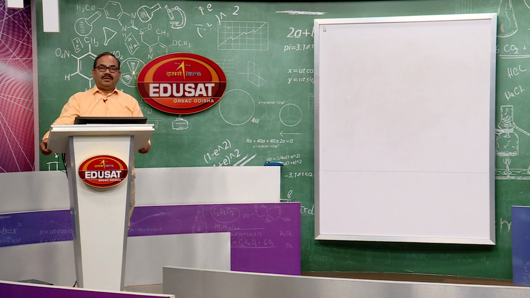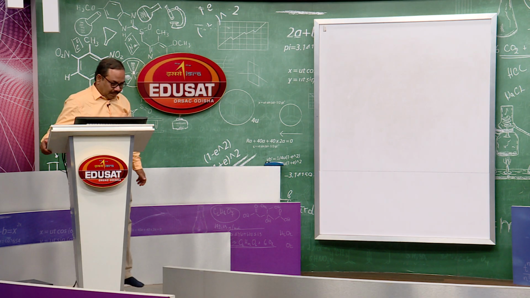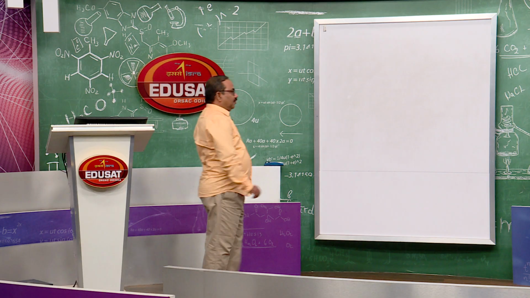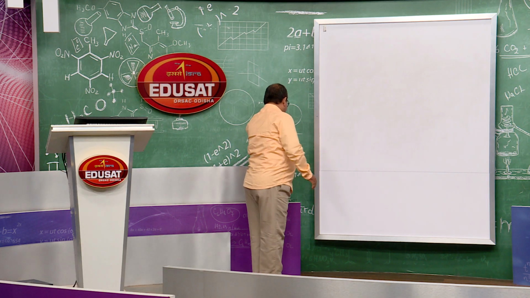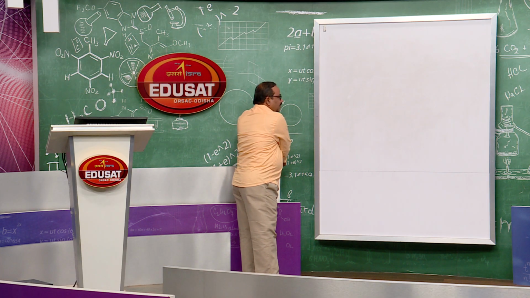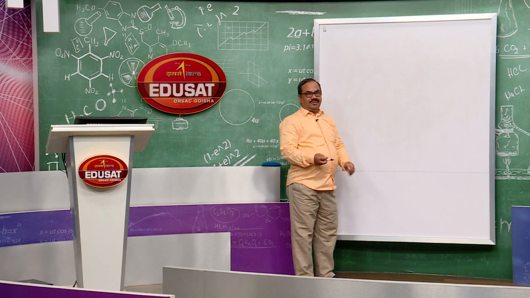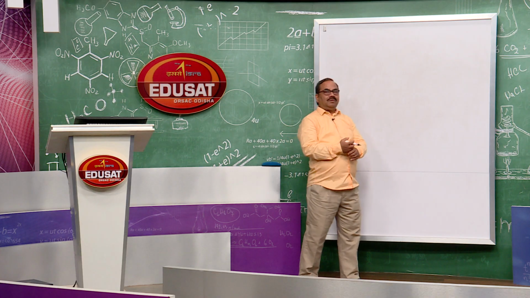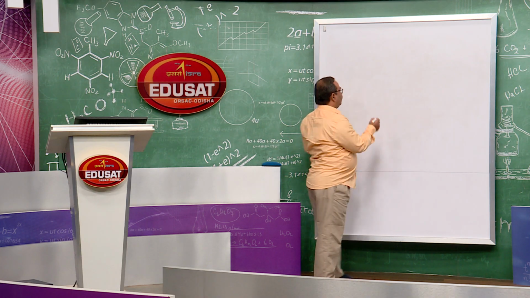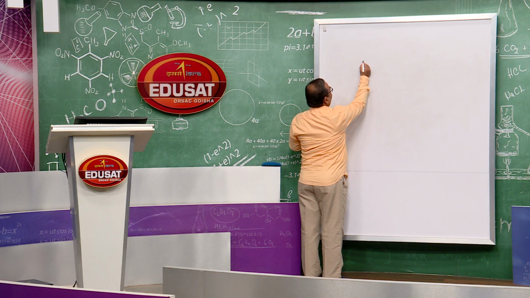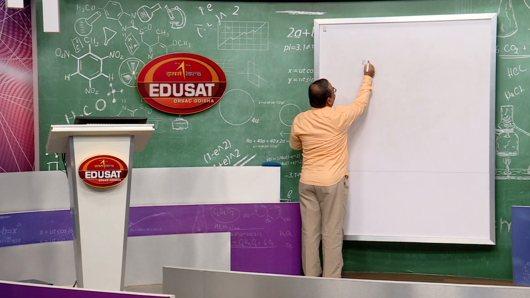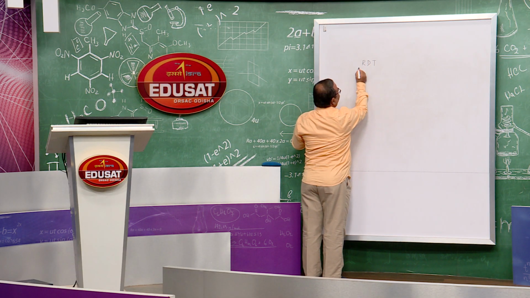So, we shall go for a brief review of what we have discussed today. At the very beginning we discussed what biotechnology is, particularly modern biotechnology, and specifically we refer to recombinant DNA technology.